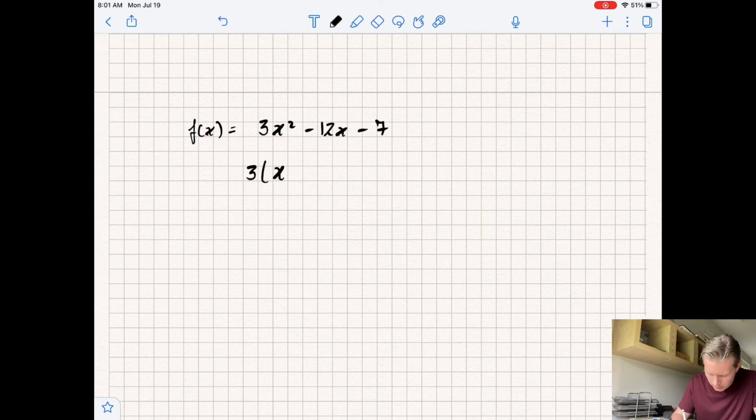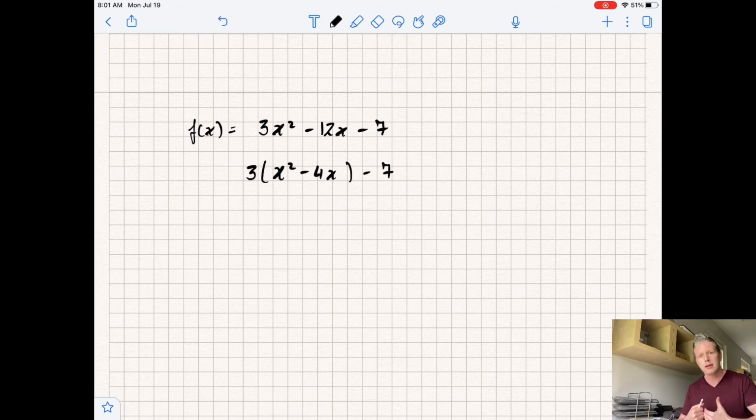If I factor 3 out of negative 12x, I'm left with negative 4x. So I have 3 times x squared minus 4x, and of course I have this minus 7. I've just factored out the 3 on those first two terms, not the last term. There's no need to factor out of that last term.